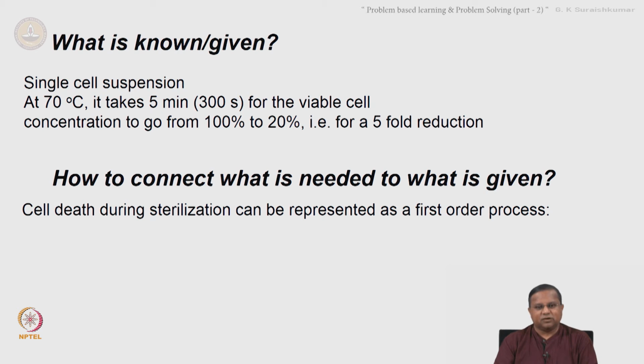What is a first order process for our purposes? This is a batch system, therefore the rate of change of accumulation of viable cells is directly proportional to the viable cell concentration, and you could represent it as dx_v/dt = -k_d x_v, because there is a reduction, so you have a minus there.